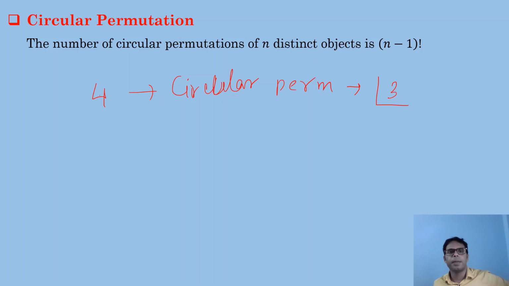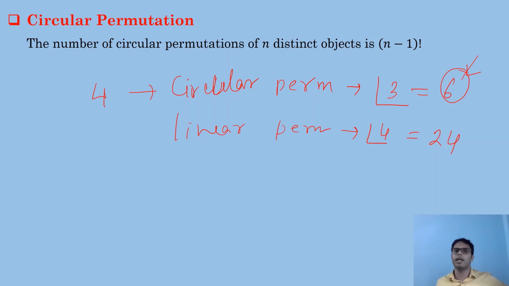But the number of linear permutations, linear permutation meaning the usual permutation, is simply factorial 4. Here we will have 24 permutations in case of linear, and 6 permutations in case of circular. So this is the slight difference between circular and linear permutation.